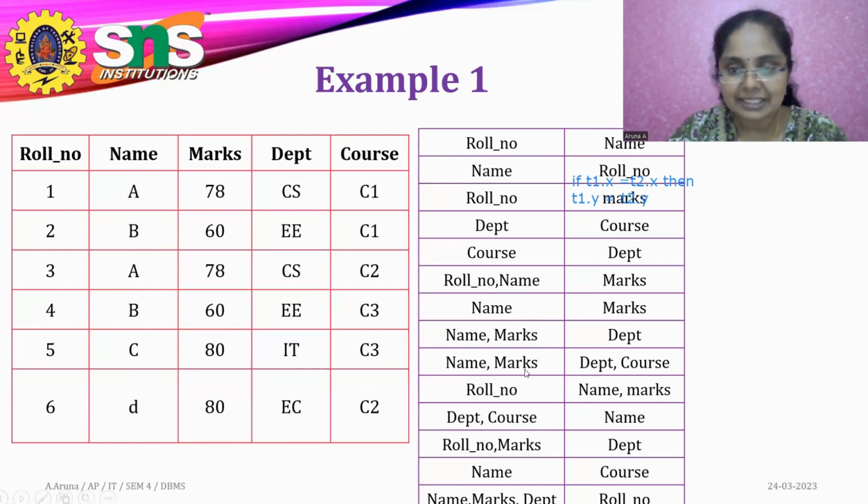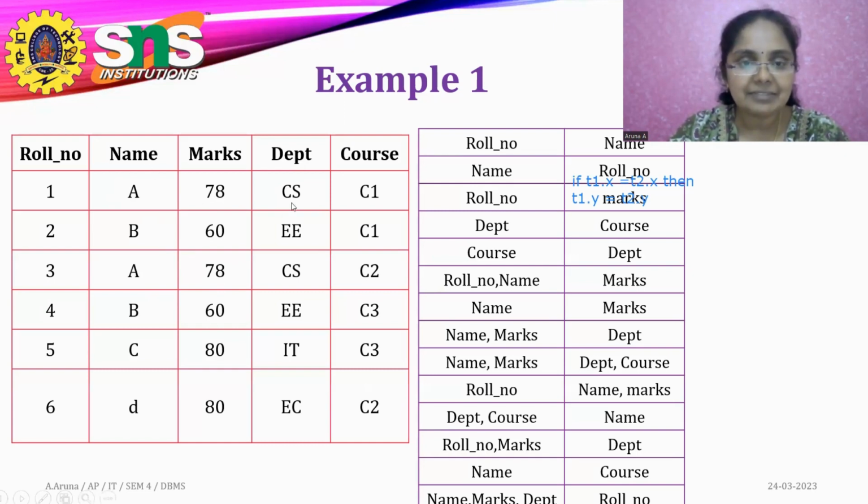Next we're going to consider name, marks and department, course. By using name and marks, whether the department and course will be the same or not, that we have to check. First I'm going to consider name and mark: A and 78. Is there any other A, 78? Yes, there is another one with the same thing. If both are equal, then definitely the y value must be equal.